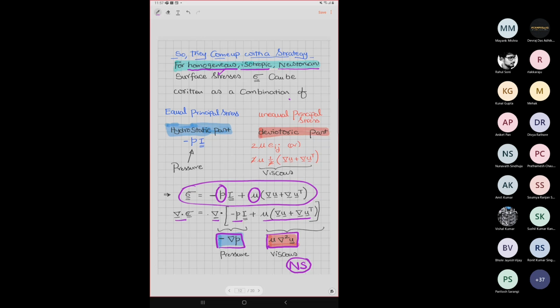For that stress term, Cauchy jumped into the picture using these Lame's coefficients and simplified into hydrostatic and deviatoric parts. Once these things are clear, one can write stress is equal to minus pi plus mu del u plus del u transpose, which one can write as divergence of stress is equal to minus grad p plus mu del square u.